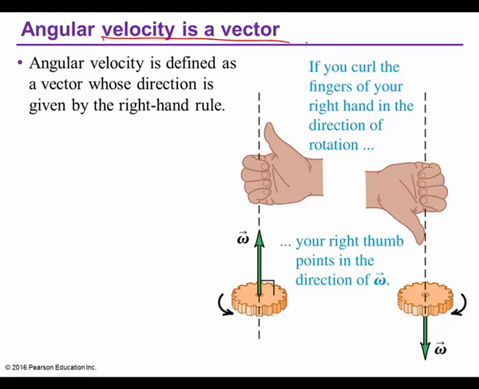So if I curl my hands around the axle and my fingertips represent the motion counterclockwise, then guess what? My angular velocity is perpendicular to that wheel, isn't it? It's positive. We say it's positive. If it's clockwise, notice my fingers curl in the direction of the rotation, and then notice what happens.